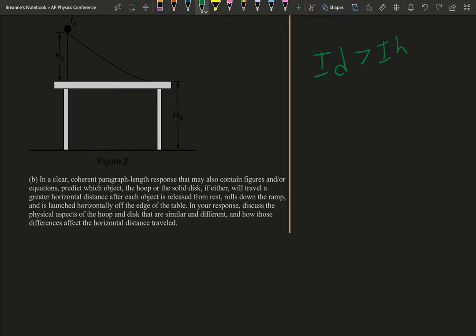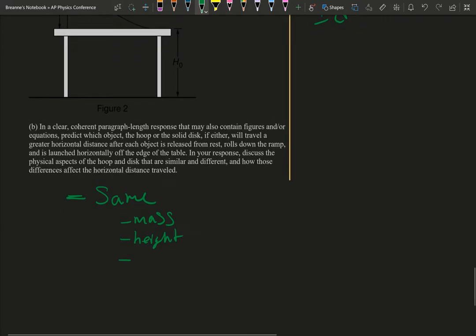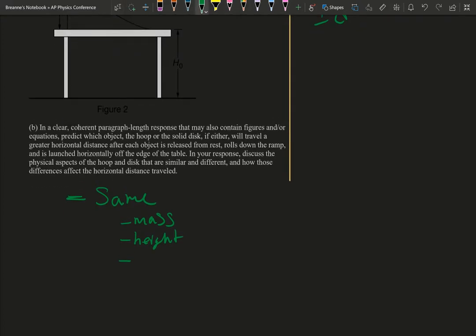Okay. So I would start with things that are the same. Same mass, same height that it's being dropped from. So therefore it has the same gravitational potential energy, and I was talking about it having the same radius too.